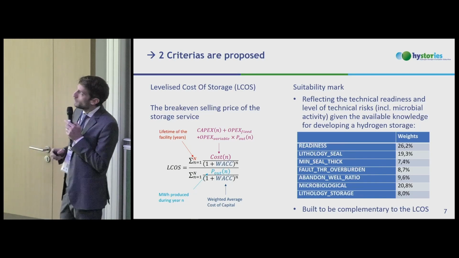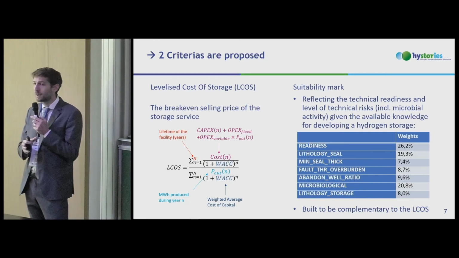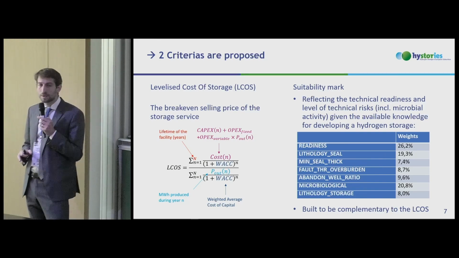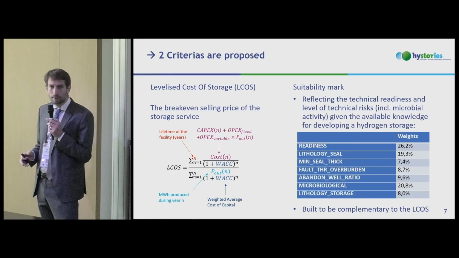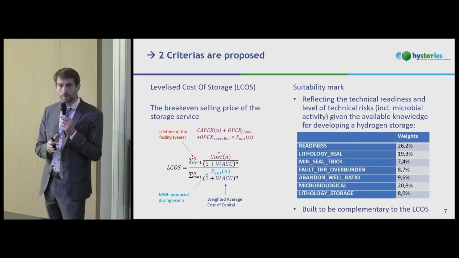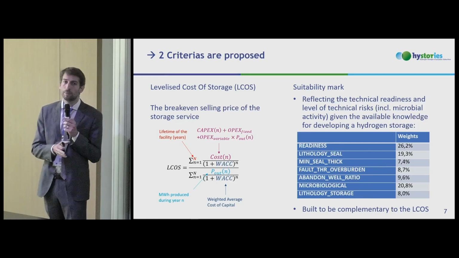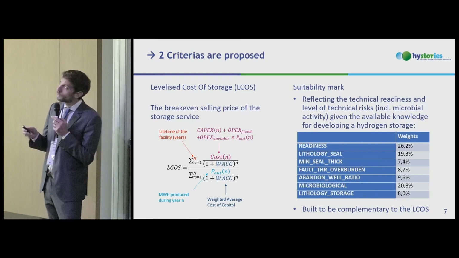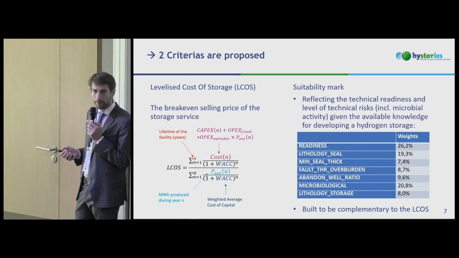And also it is built to be complementary with the cost indicator. So, for instance, if a trap is 5,000 meters deep, it's actually not very suitable. It's too deep, but this is reflected in the cost. If it's a very poor permeability, this is also reflected in the cost through the number of wells we estimated. So it is an indicator that is built to be complementary.